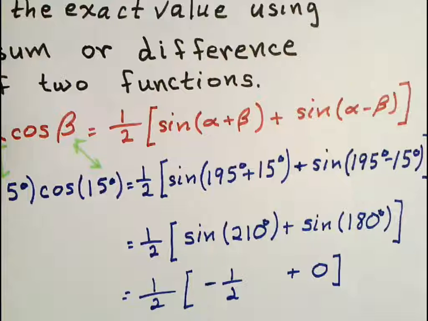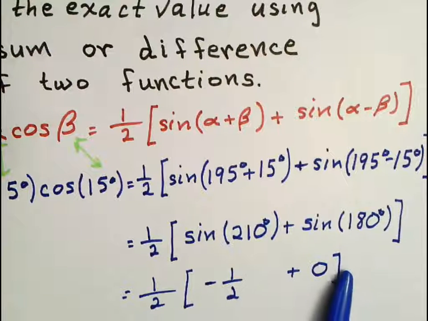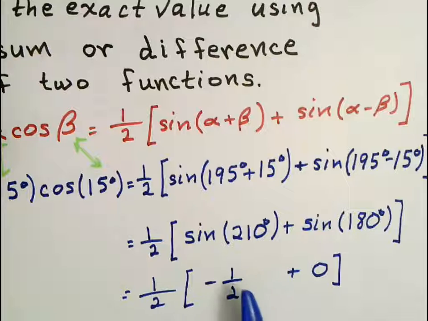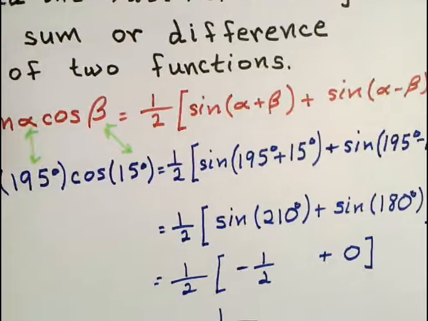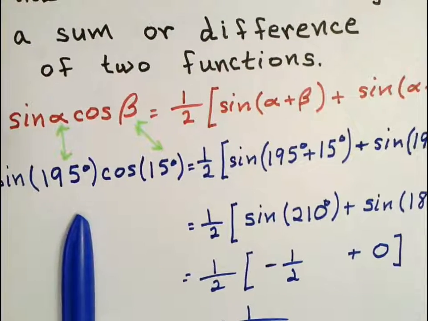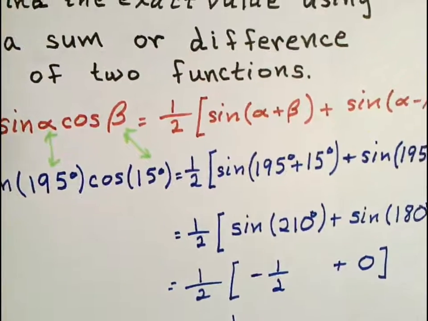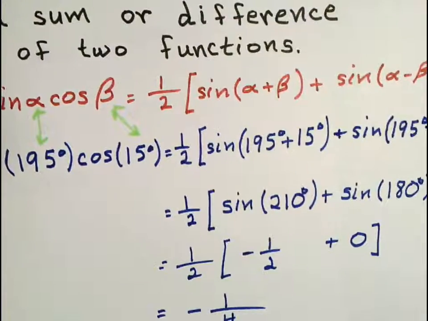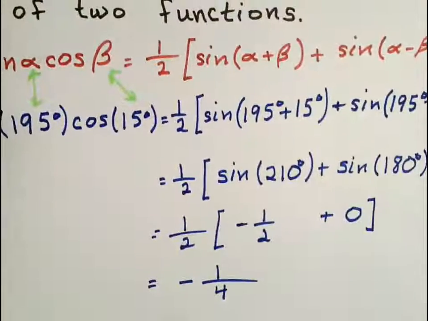So the sine of 180 degrees is 0. And then a negative 1/2 plus 0 is a negative 1/2. A negative 1/2 times 1/2 is a negative 1/4. So the sine of 195 degrees times the cosine of 15 degrees is equal to a negative, let me move this up so you can see it, a negative 1/4.